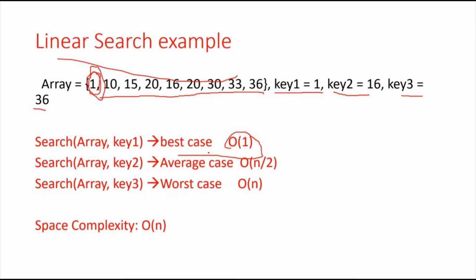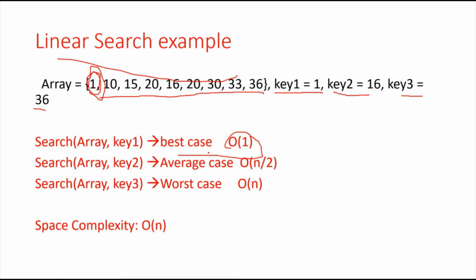And what is average case? Average case means we have to do more effort than the best case. And what is the worst case? Worst case means we have to do maximum effort ever possible for that data structure.